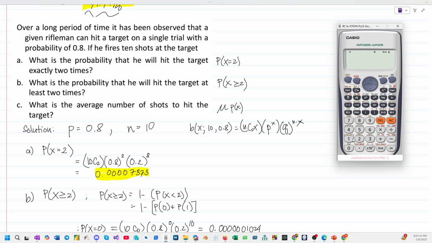Para pagka solve natin siya, 1 minus A plus B. Equal na lang siya natin. Kung diretso equal na natin, 0.999.